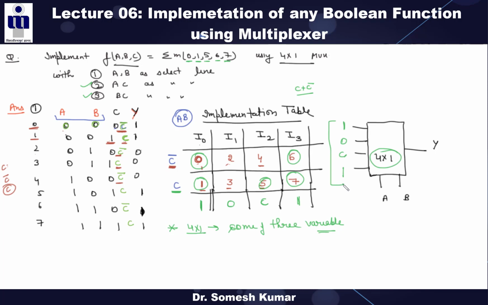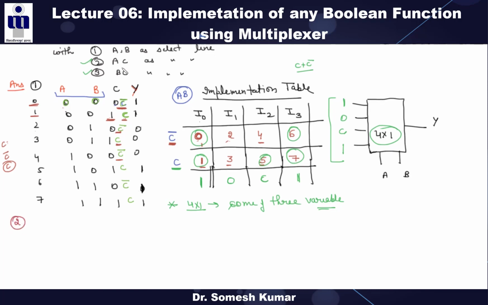So three variable functions can be implemented, but not all. But for two variables, all functions can be implemented with 4:1 mux, right? So we don't know which ones, but some of the three variable functions can be implemented with 4:1 mux. This is the second part.